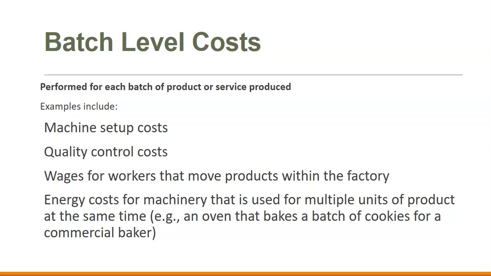And then we can have energy costs for machinery that is used for multiple units of a product at the same time. In this example, we have an oven that bakes a batch of cookies for a commercial baker. So depending on how large our oven is, we can make more than one cookie at a time. So each pan of cookies that we would put into an oven would be a batch and not an individual product.